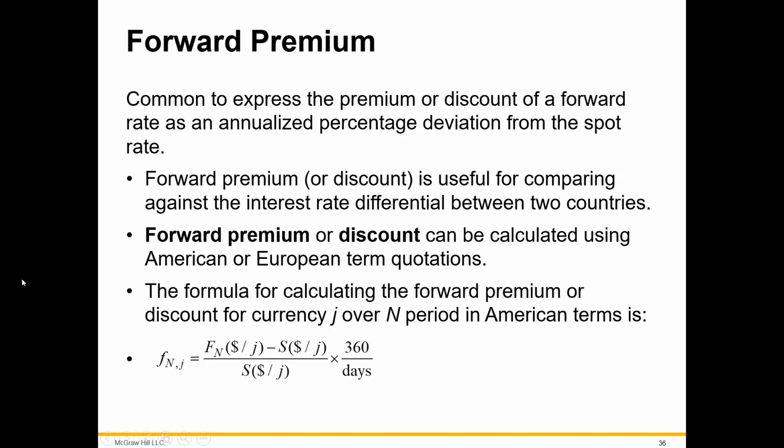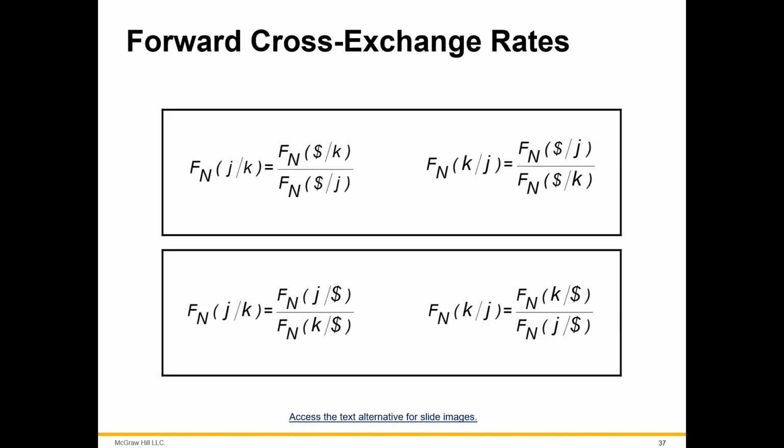So in this case, it's a forward premium, right? We have the franc trading at more. It is more expensive to buy it in the future than in the present.